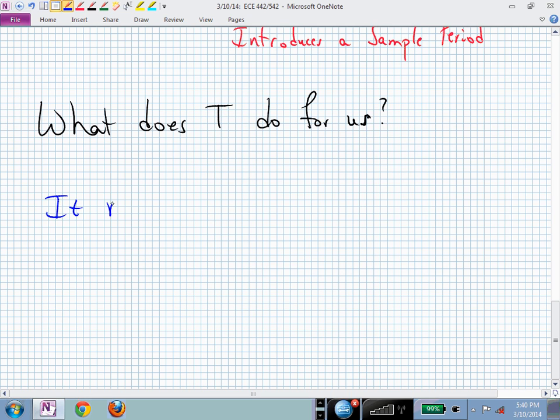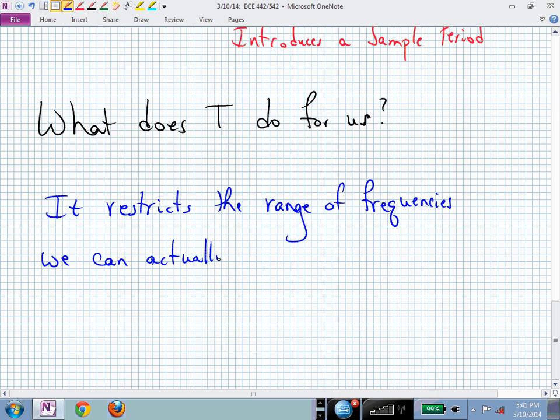Let me just say that by introducing a sample period, it restricts the range of frequencies we can actually resolve or see or distinguish. It's however you want to think about it.